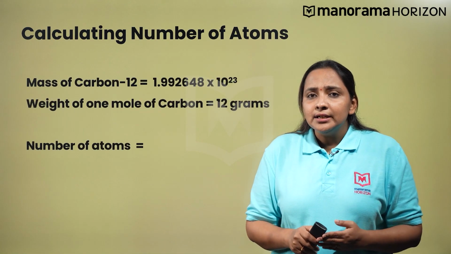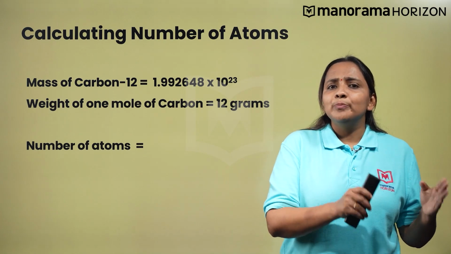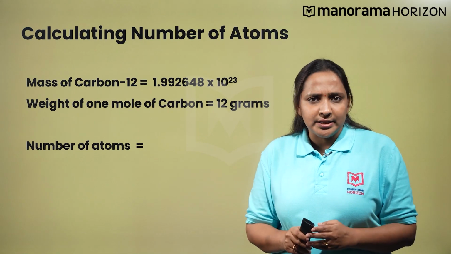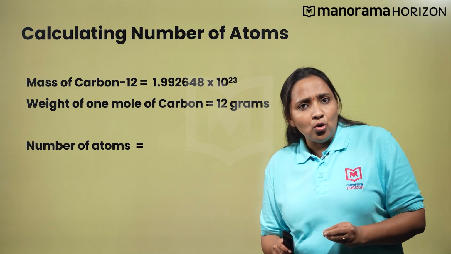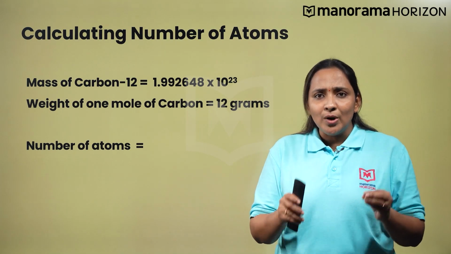Let us consider that the mass of a carbon-12 atom is known to be 1.99 × 10^-23 grams, and we know the weight of 1 mole of carbon is 12 grams.